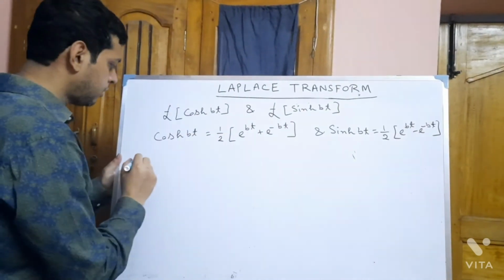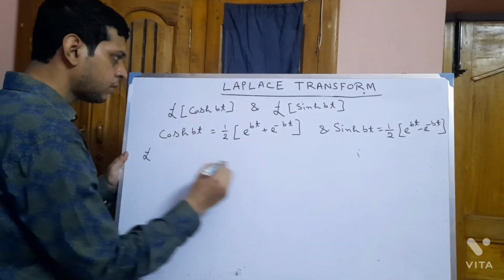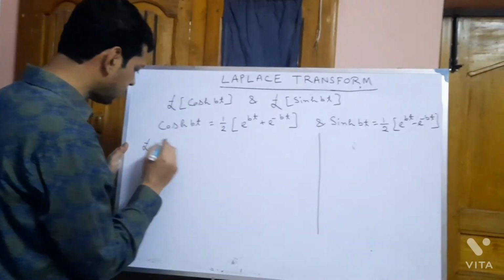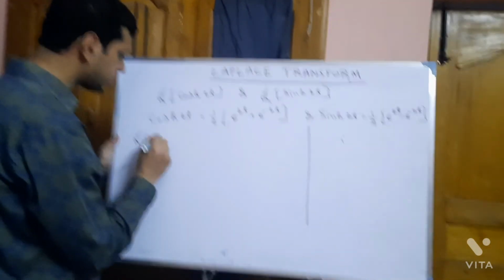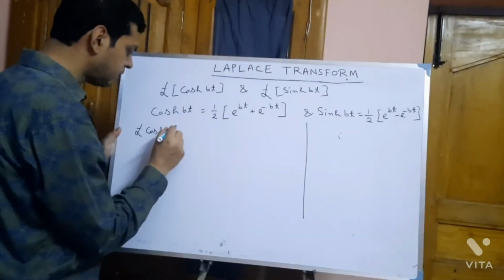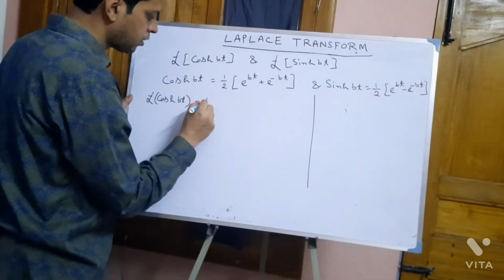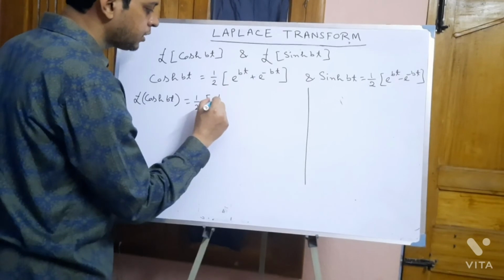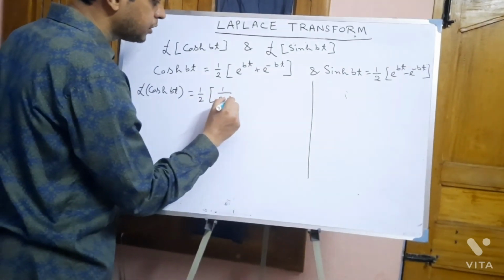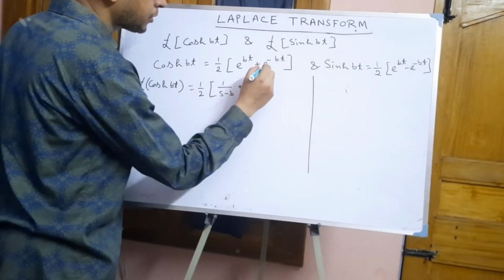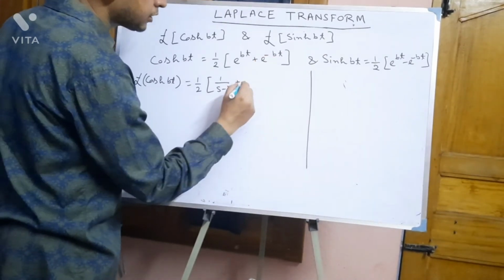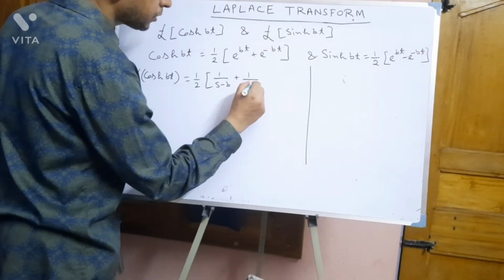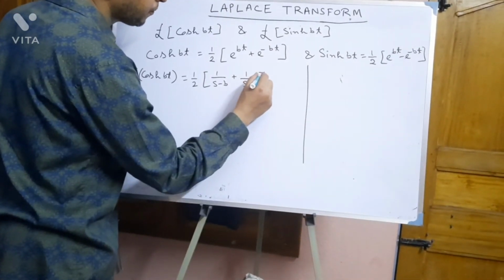Okay, therefore the Laplace transform of cos hyperbolic bt is equal to half into the Laplace transform of e to the power bt, that is 1 by s minus b, plus the Laplace transform of e to the power minus bt, that is 1 by s plus b.